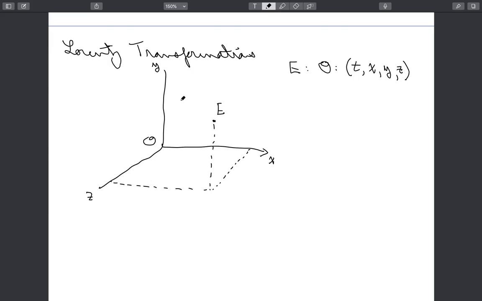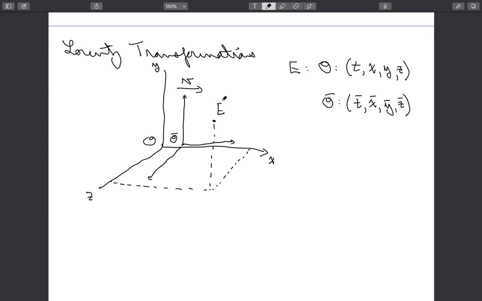Now, the idea would be to have another frame of reference, which we'll call O bar, in which the same event would occur at different coordinates, t bar, x bar, y bar, z bar. The question is how we can relate these two. And what we assume is that the frame O bar is moving at a velocity v along x in frame O.